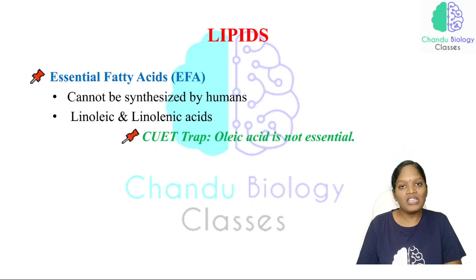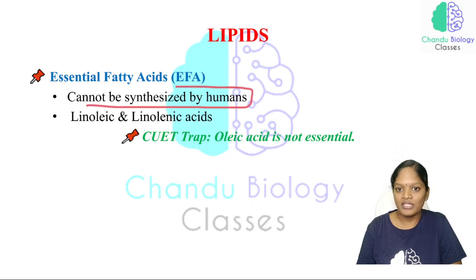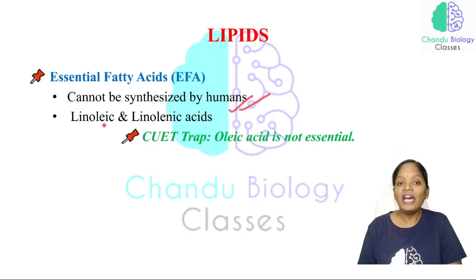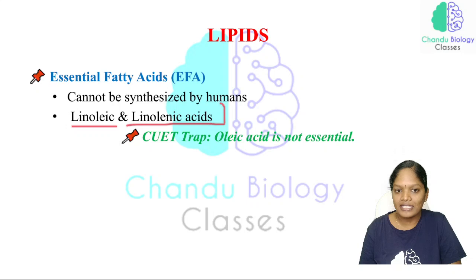In the same way, in fatty acids also we have essential fatty acids, and those cannot be synthesized by humans. Examples of essential fatty acids are linoleic and linolenic acids, and both of these come under the unsaturated fatty acids.